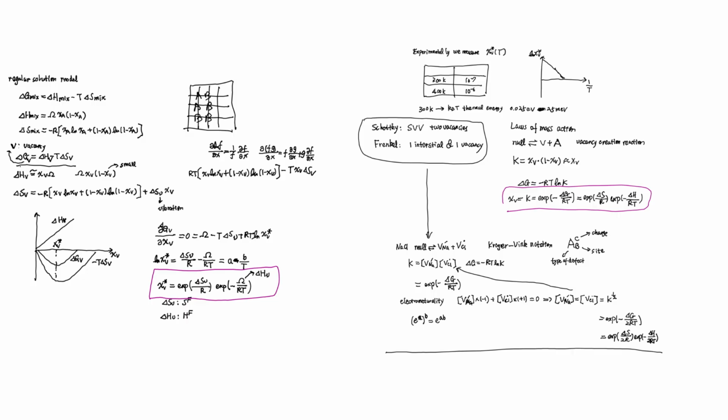Delta G we can separate into delta H minus T delta S. So what we have is the exponential of delta S over R times the exponential of minus delta H over RT. Again, that's basically X_V. So you can see we get exactly the same result as what we had previously.